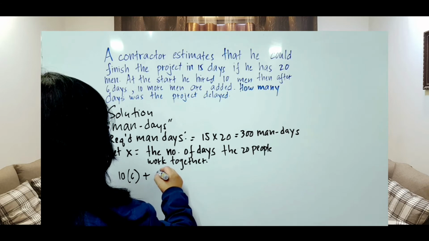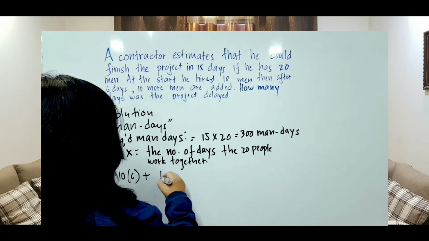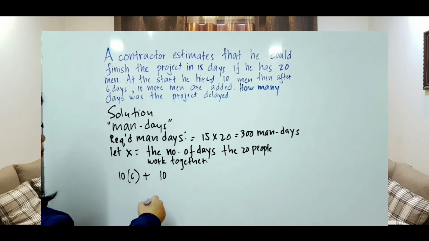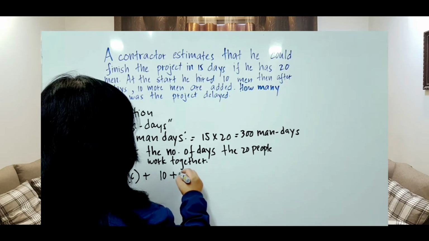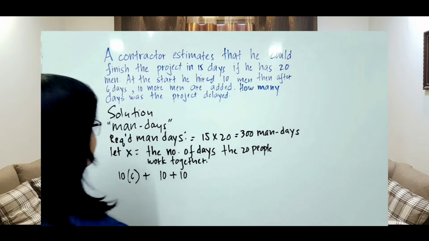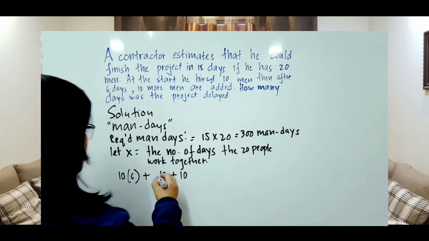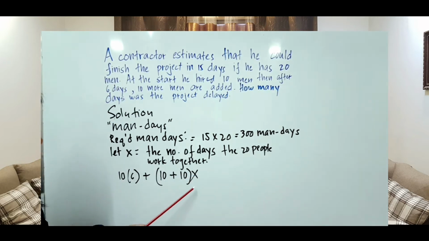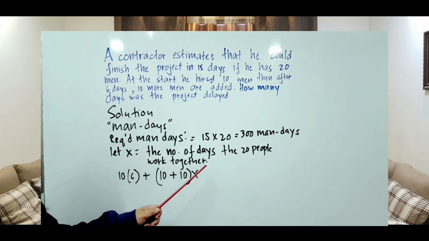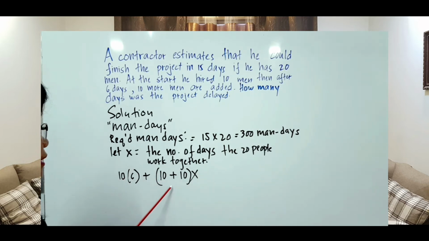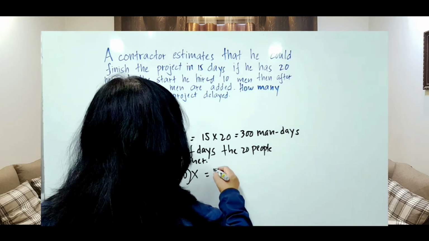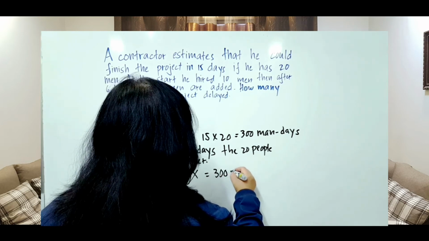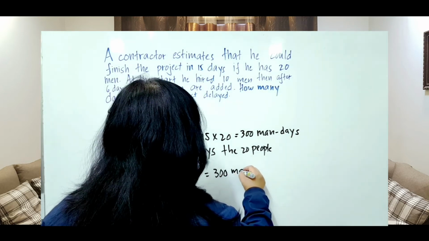So, we have to multiply 10, the 10 people existing plus 10, multiply by X, the number of days that the 20 people, the 10 plus 10, work together, is equal to 300 man days.